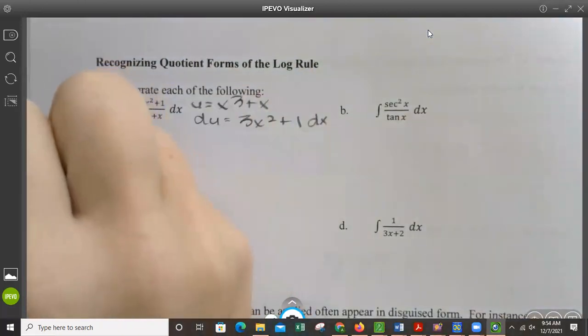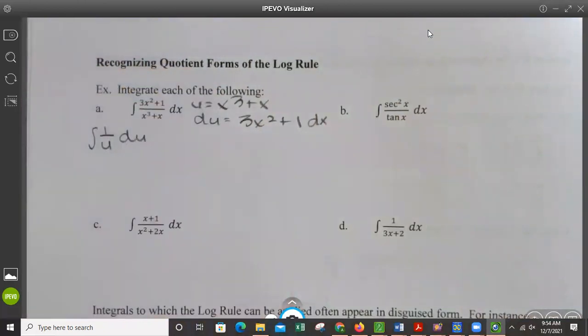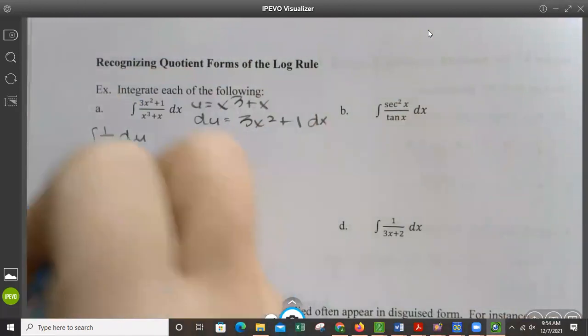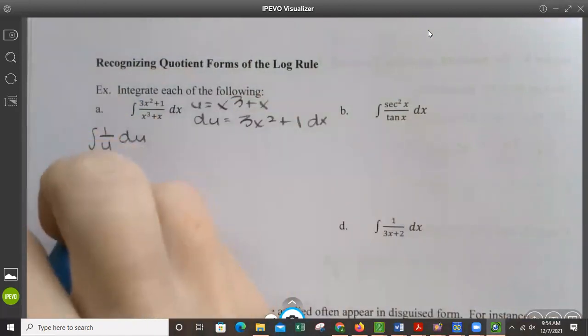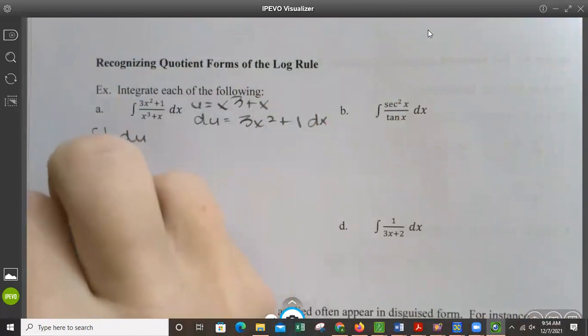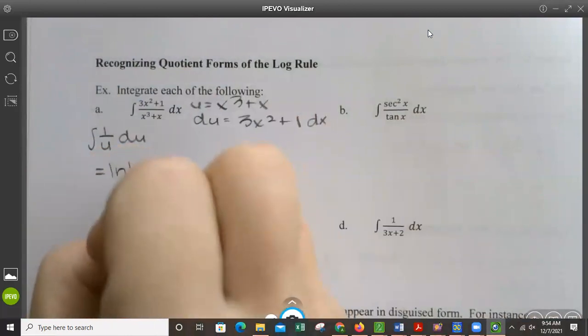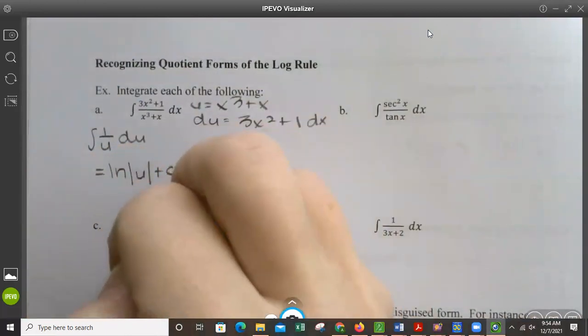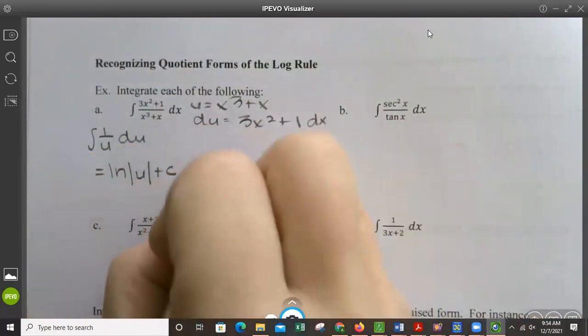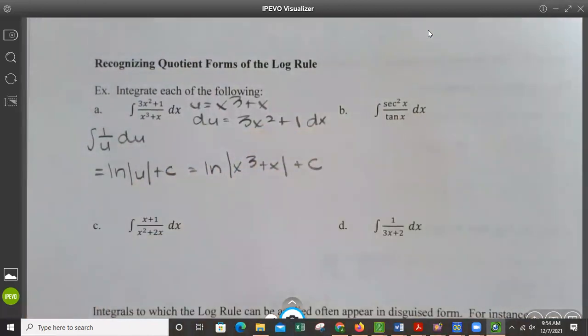So that changes this into 1 over u du. We don't even have to fix anything. Which means that our antiderivative or our integral is ln absolute value of u plus c. And what was u? And that's it, y'all. Same exact thing.